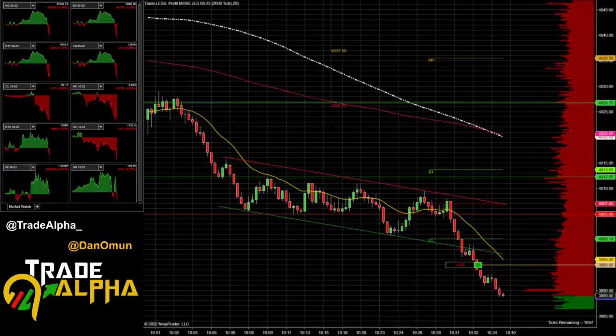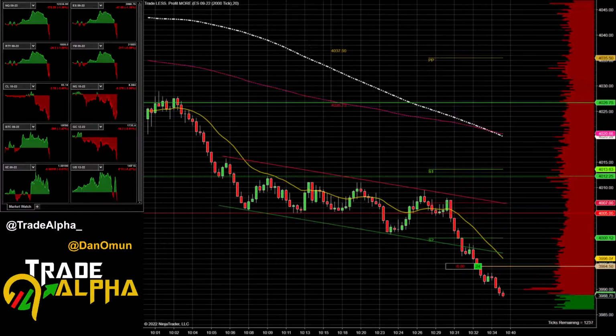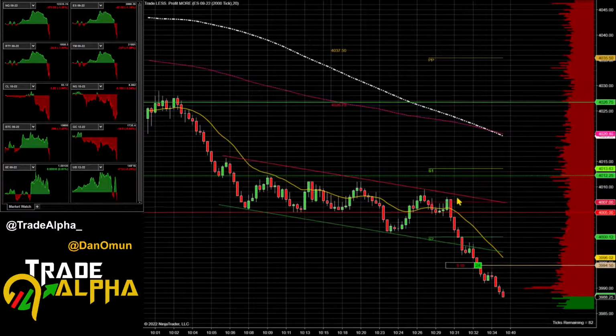See, because what's going to happen here is it's going to keep pushing down and down and down until eventually some big whale steps in and retraces this entire thing back up to probably around 4,005.